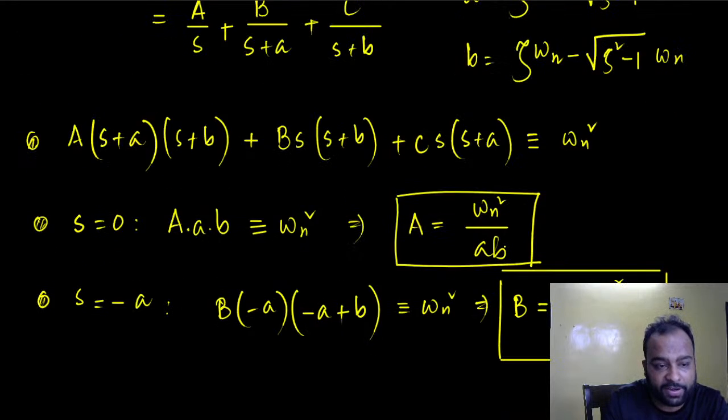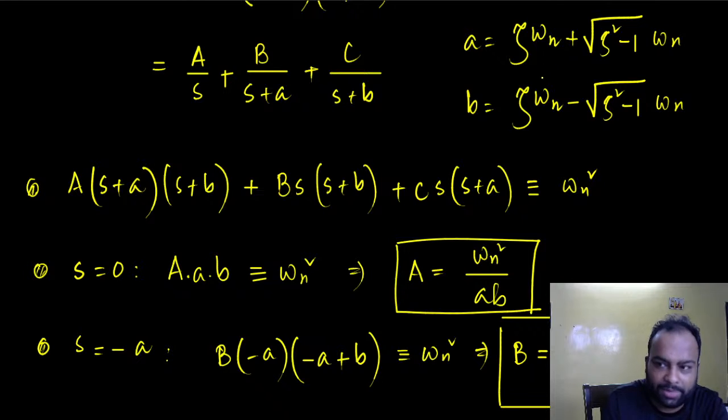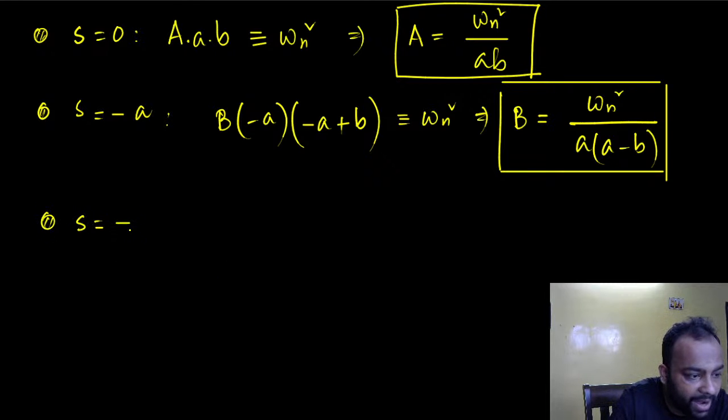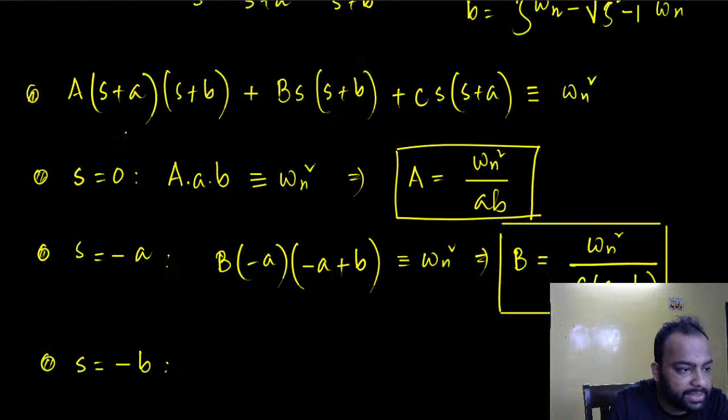Of course, if you have a particular value for zeta, this calculation becomes much easier. If you have a particular value of zeta and omega n, you would have fixed numbers for A and B, so the calculation will automatically become easier. And if I put S equal to minus B, then this term vanishes, this term vanishes, this term vanishes.